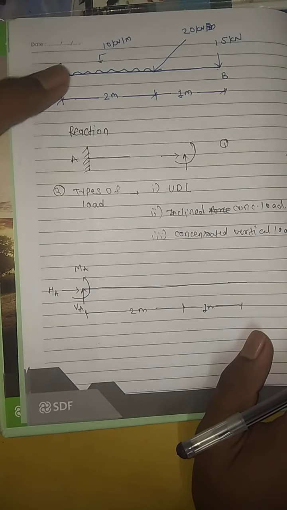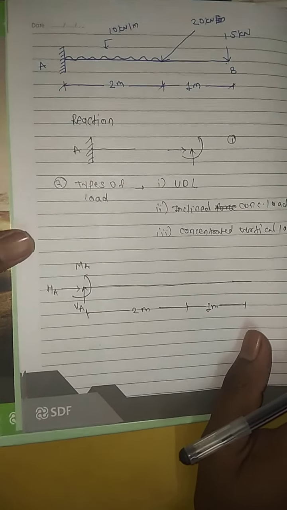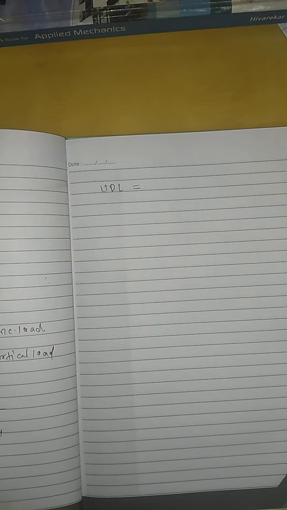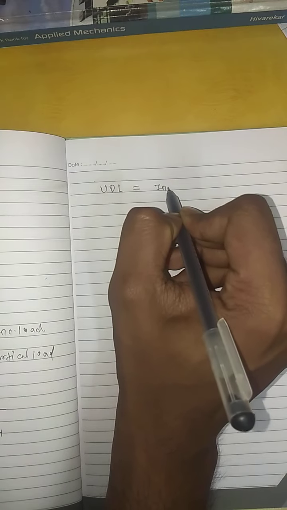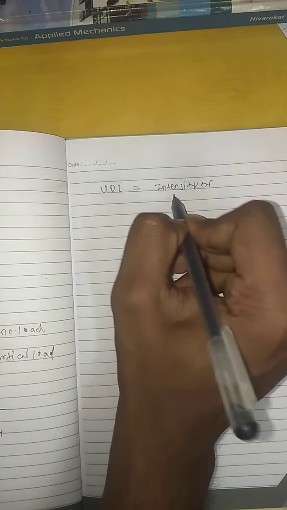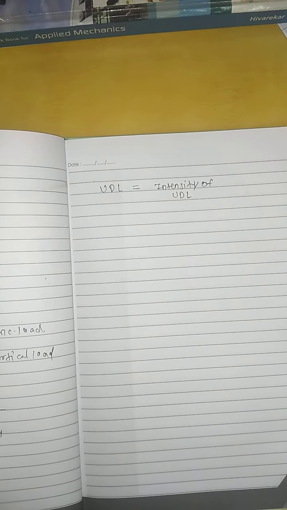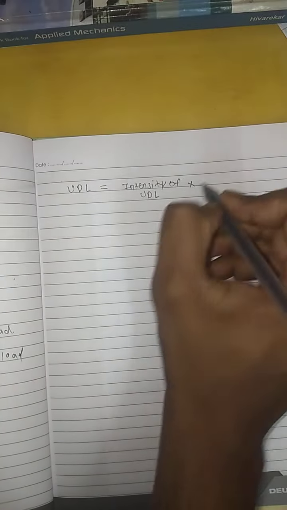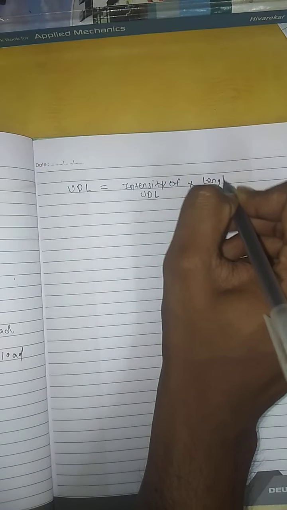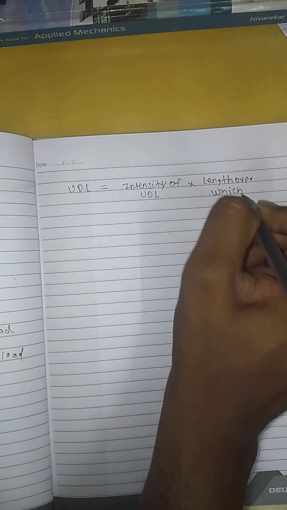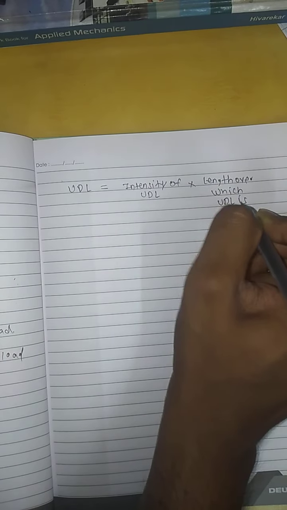Now there is a UDL. For UDL, what we have to do, first write the intensity of UDL, and then you have to multiply by the length over which UDL is acting.